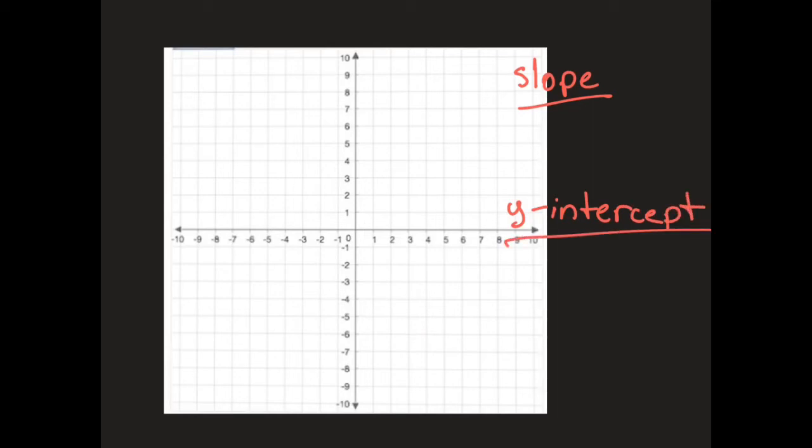So let's graph a blue line right here on this graph. And this line is just a normal line, a similar one that you would be graphing if you're given a linear equation and asked to graph it. And this line has a variety of points. Let's start with the y-intercept.